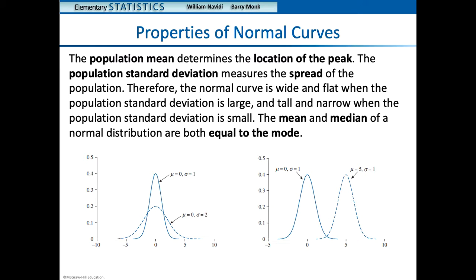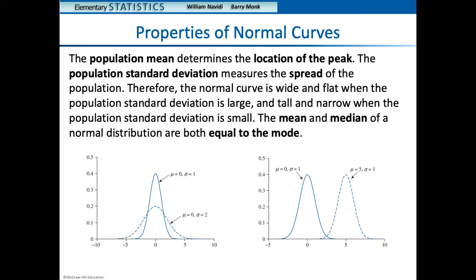Because there is no imbalance or skew in the normal curve that pushes the mean to one side or the other. The mode is defined as the number that occurs the most frequently. And the height of the curve indicates the frequency, right? So it would make sense that the tallest peak would correspond to the mode. So the mean, the median, and the mode are all equal for a population that is normally distributed.